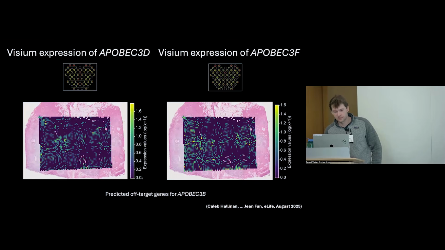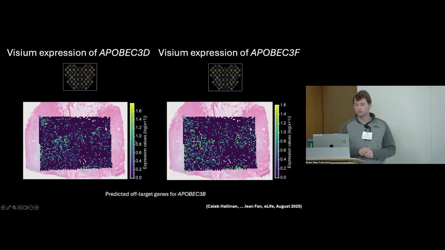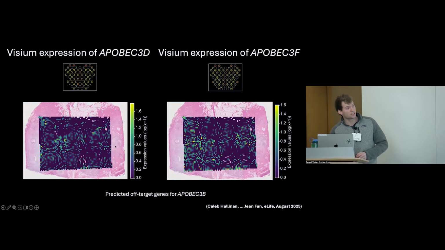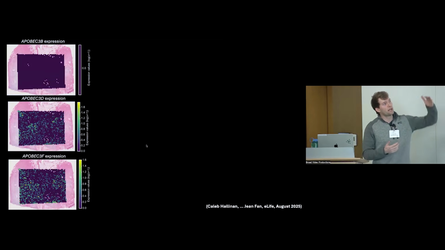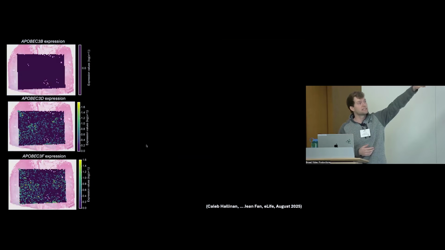If we take a look at the predicted off-targets for our gene APOBEC3B, we see that we get APOBEC3D and APOBEC3F. In the Visium expression of both of these genes, you can see that these genes are a lot more expressed than APOBEC3B was in the Visium dataset. But remember, because of how Xenium works, APOBEC3B's expression in the Xenium dataset is an aggregate of all three of these genes.